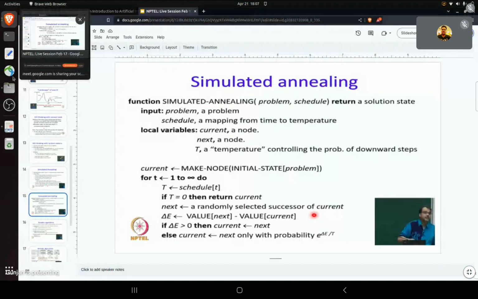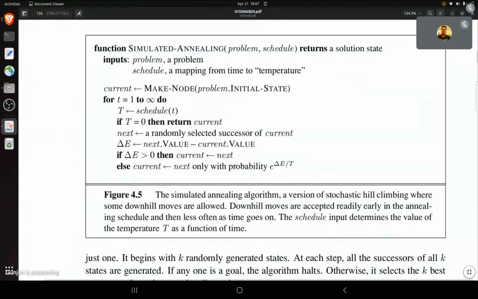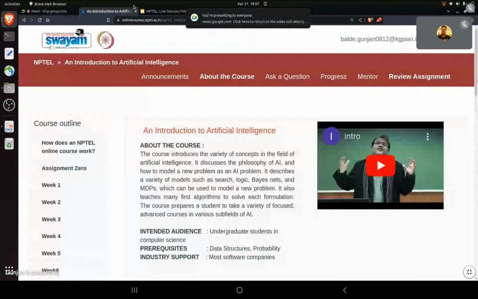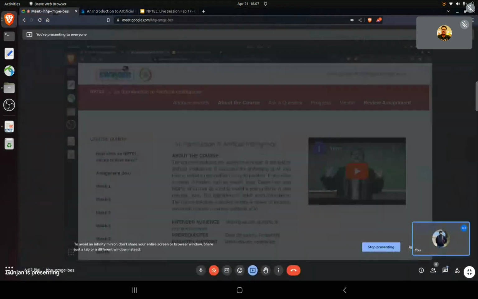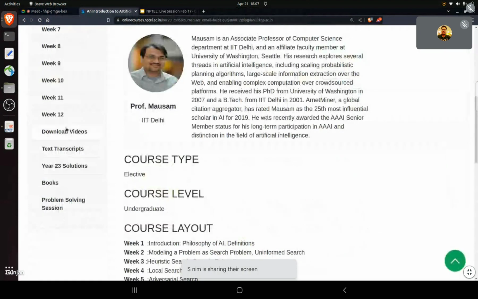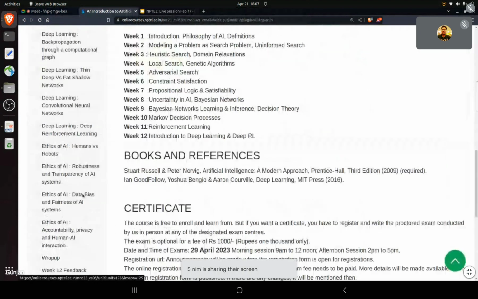So can you check what was the sign of this e to the power here? Was it still delta E or e to the power minus delta E? Let me share it. It's literally just delta.